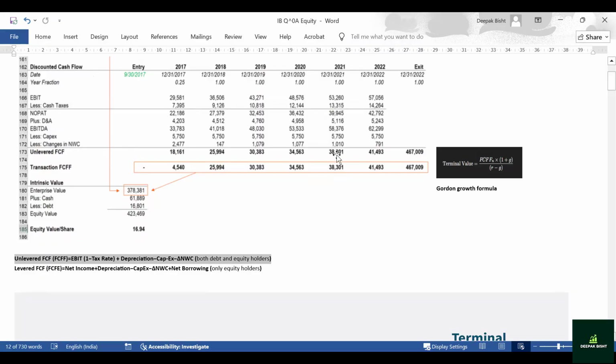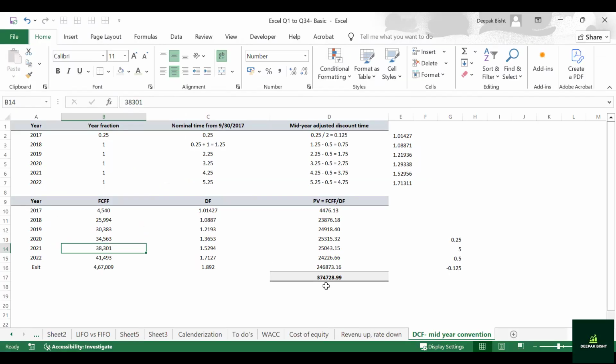Yes. Right now the terminal value is 374728. If I were to reduce $100 out of it, this will reduce my free cash flow by $100.